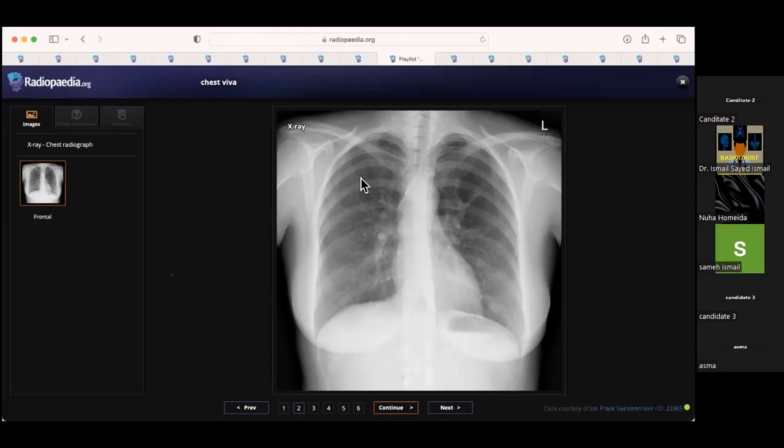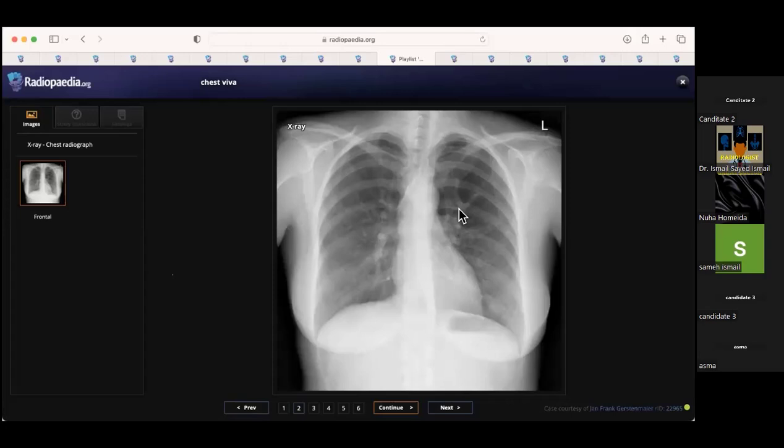Okay, so whenever you see a hyperlucent lung, what's your differential, or how would you tackle it? What's your approach? Okay, so it's confined to the upper lobe. Actually, let me think. The upper lobe.